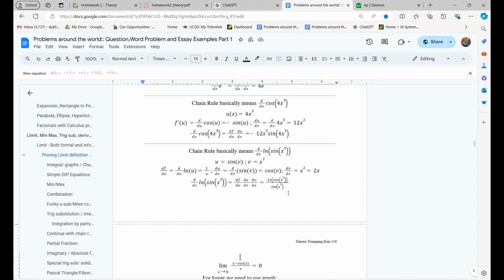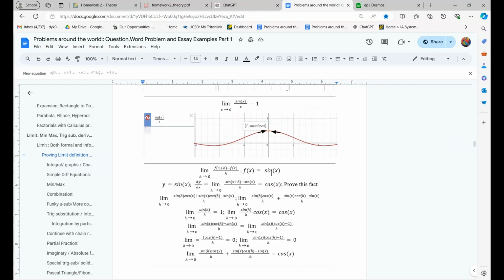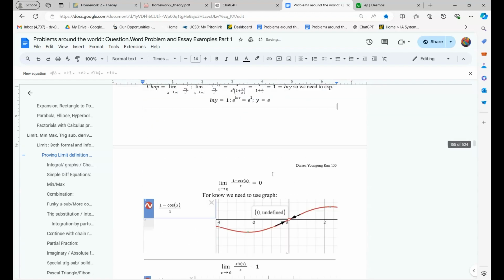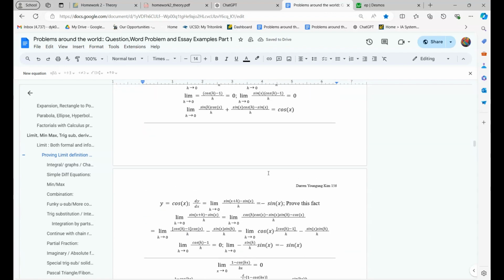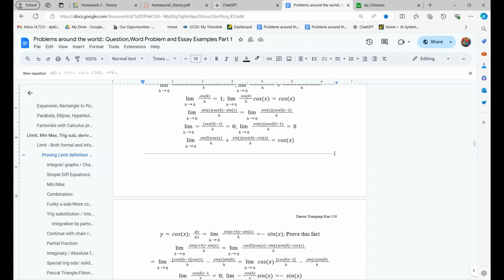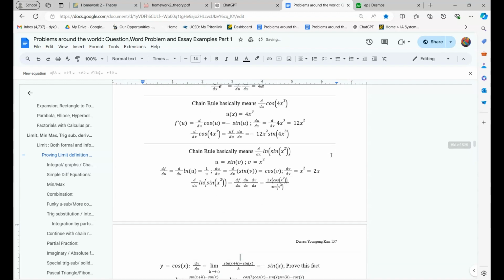Oh, but I haven't explained sine and cosine yet, so I can't do that. I see why I did that now. And then sine and cosine is over here. Okay, so I probably want to put it over here then.